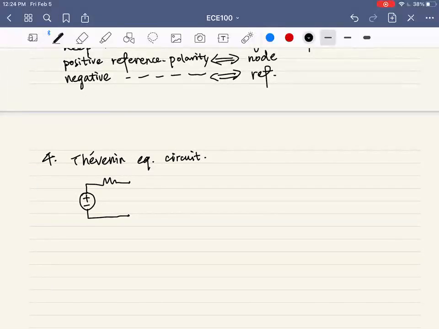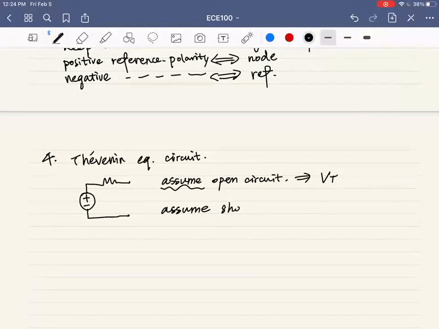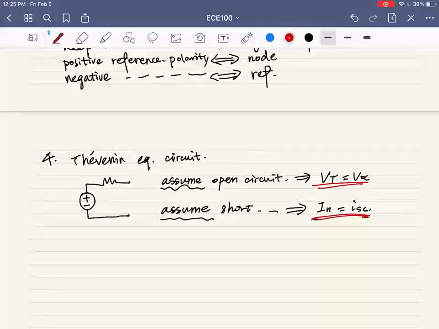So the answer is we only assume it is an open circuit when we want to compute the VT. And we only assume that it is a short circuit when we want to compute the IN. So when we say it's open or short, they are just our assumption. They're just a condition for us to get our properties of interest.